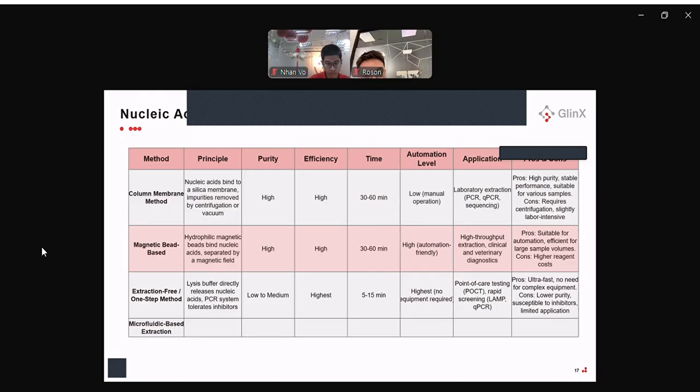I know it is going to be really hard for you guys to clearly understand the principle of each method, but you can have a look at the comparison of the advantages and disadvantages of each method.